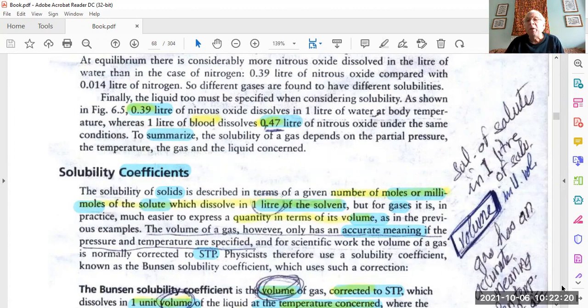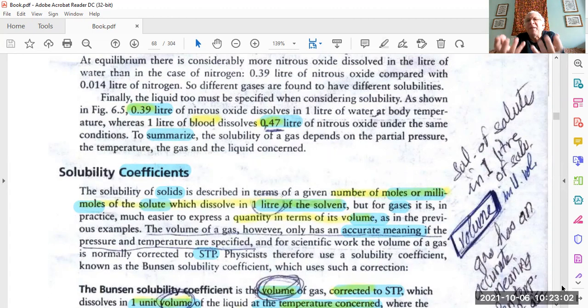Now we come to what we call the solubility coefficient. Of course, whenever we dissolve a solid in a liquid, the amount of solid in this liquid is expressed as millimoles or moles. But whenever I use a gas to be dissolved in a liquid, we use volume. Whenever we discuss any gas, we must use what we call the standard temperature and pressure.